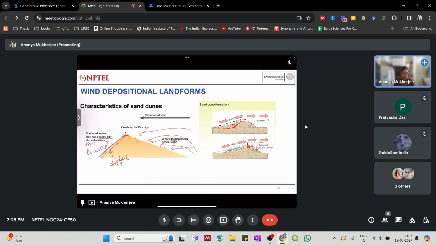Okay, so this was the previous crest, and now the crest has moved over here. So, this is how sand dunes advance. Okay, so for this you need changing of the wind velocity or the speed. Okay, but the direction of the wind is not changed. The direction remains from the left side to the right side.